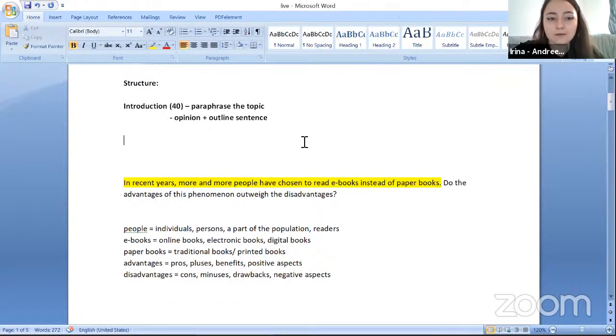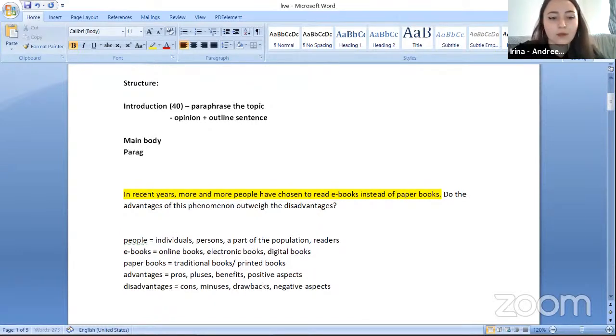So in the main body of the essay, we have paragraph 1, one weak point. In our case, because we said there are more advantages, the weak point is a disadvantage. And here you just present it.